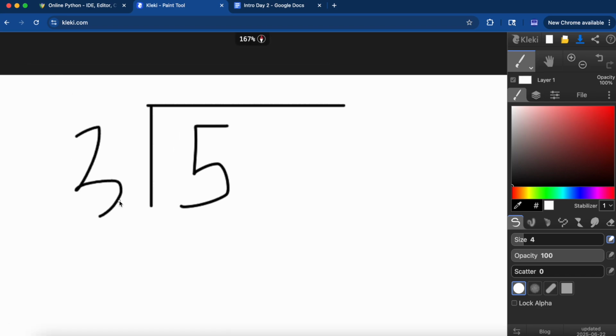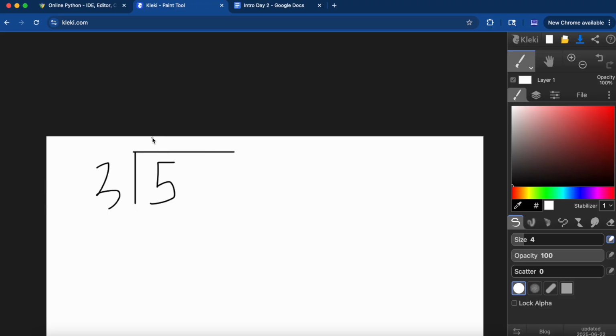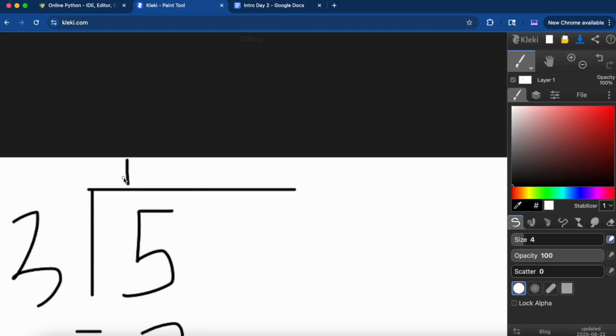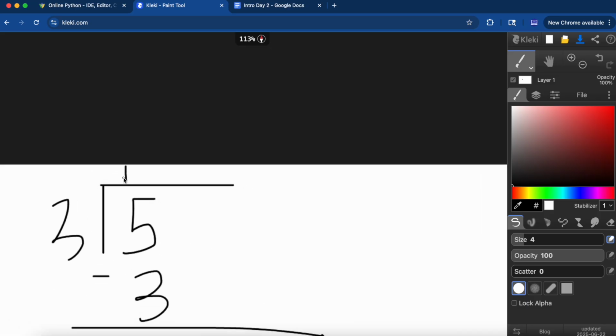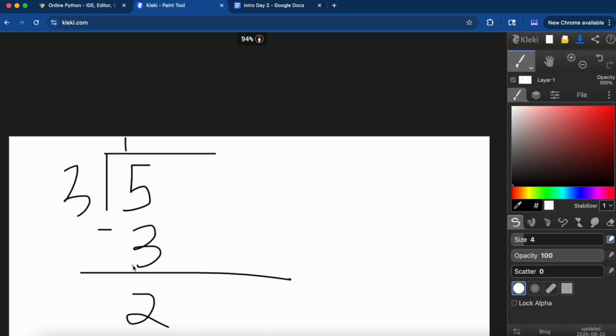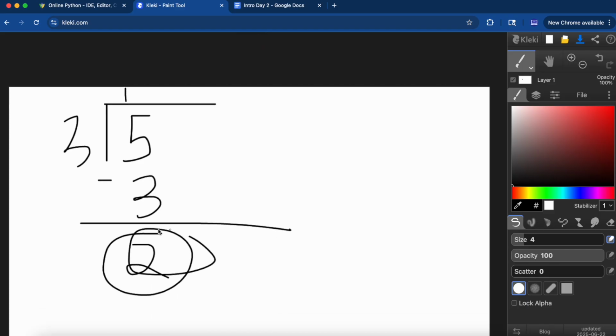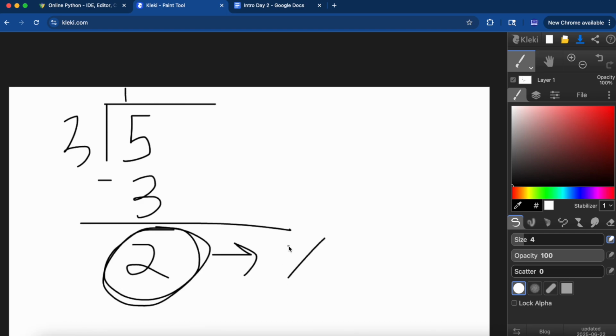Now, a lot of you guys probably know how to do this. 3 goes into 5 once. So you subtract 3 and you're left with 2. Now, floor division and division would each start with 1. But what modulus does is it gets you this number right here, the remainder. And that is what the modulus delivers.